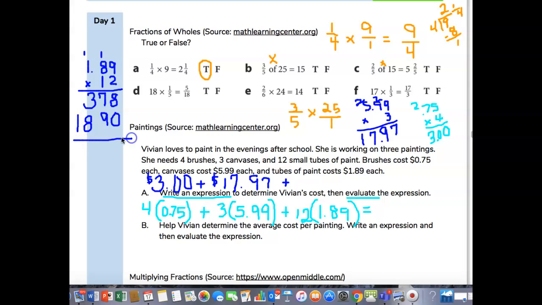All right, now we have to add. Okay, 8 plus 0, 9 plus 7 is 16. Put down our 6, carry our 1. 8 plus 3 is 11, plus 1 is 12. Put down our 2 and carry our 1. 1 plus 1 is 2.